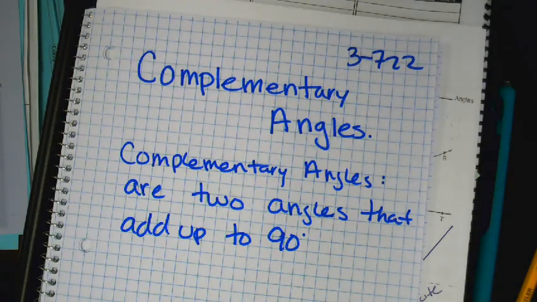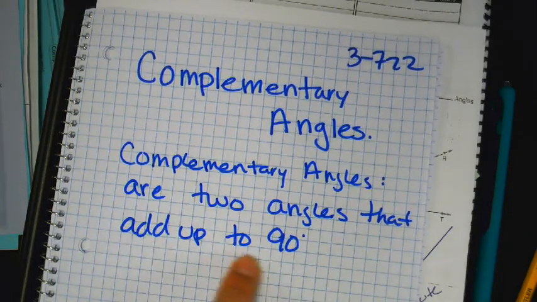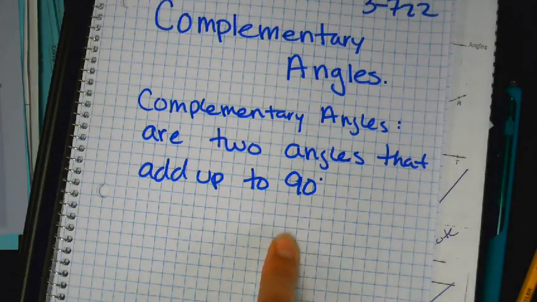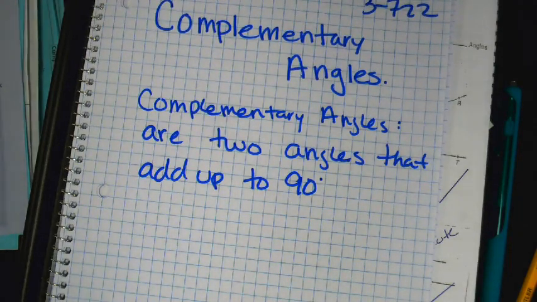Complementary angles. So complementary angles are two angles that add up to 90 degrees. What does 90 degrees look like? Corner of your paper, a nice L.